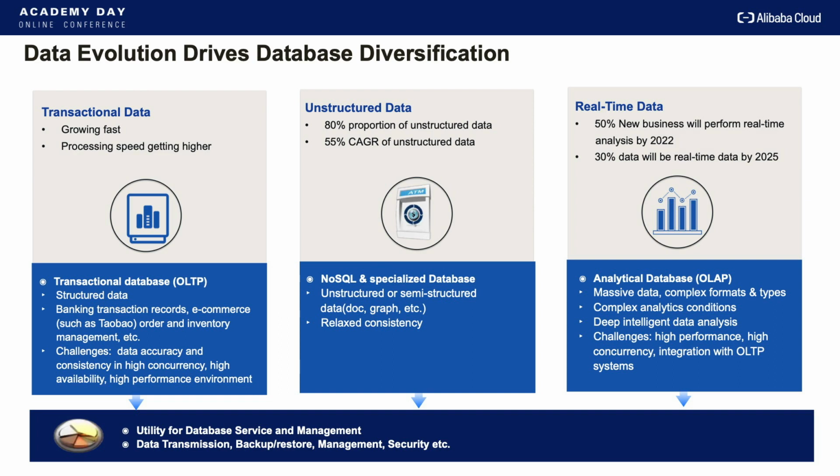Initially, when people started using databases, they were mainly focused on transactional data. How do I handle the transactional data? The core challenge was data accuracy. How do I make sure my transactional records are accurate and consistent in a high concurrency, high availability, and high performance environment, right? That was the key challenge.